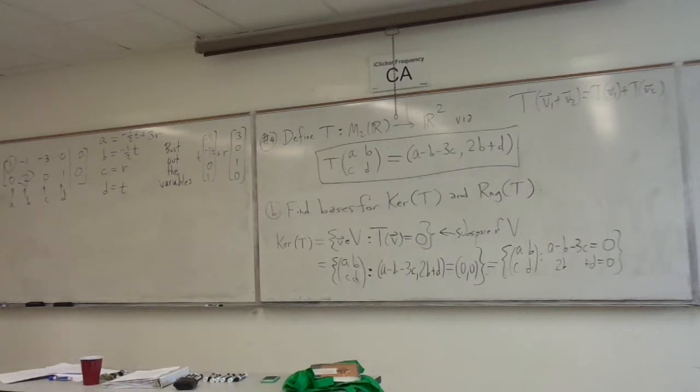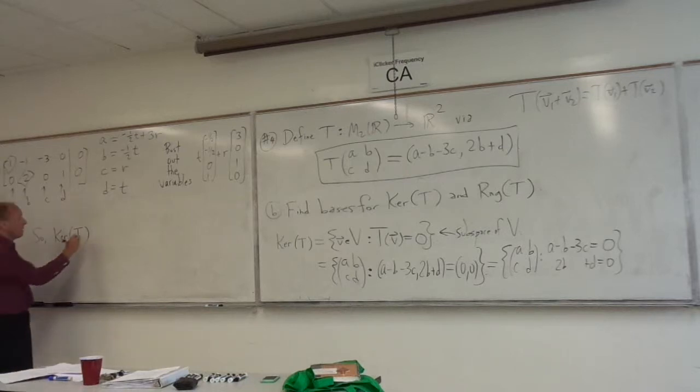Okay, and now what do I need to do? We're working on the kernel. We were asked to find a basis for the kernel. So how do we get our basis? Are we ready to write down the answer? Yeah. We actually can.